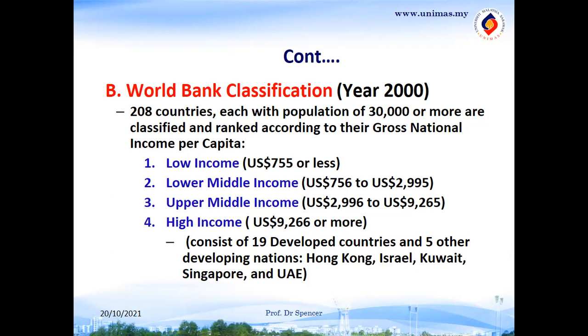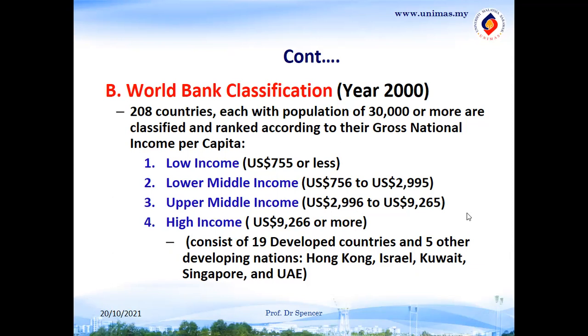Okay, and then the high income group are those countries whose gross national income per capita is 9,266 or more. So this consists of the 19 developed countries plus 5 other developing countries.